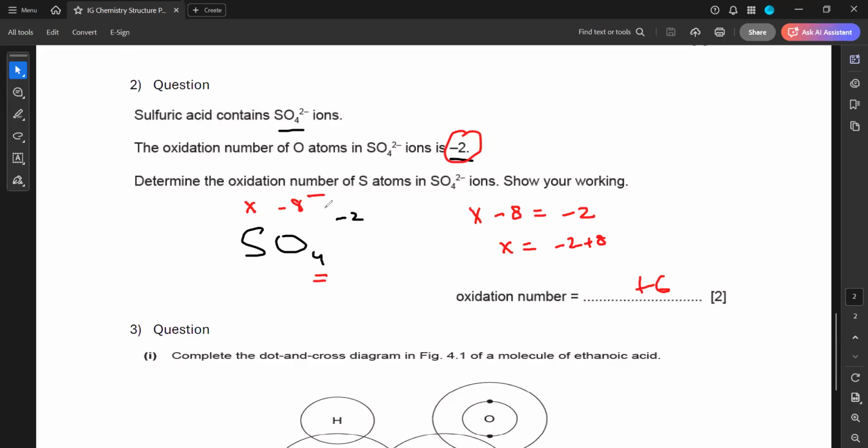So the net oxidation number or the net charge is equal to the sum of the oxidation numbers of individual elements. So for each oxygen, they mention it is -2, 4 of them will be -8. Sulfur is unknown, so we call X. So it will form an equation that X minus 8 equals -2. So when we move 8 to the other side, that will be +8. So -2 plus 8 is equal to +6.